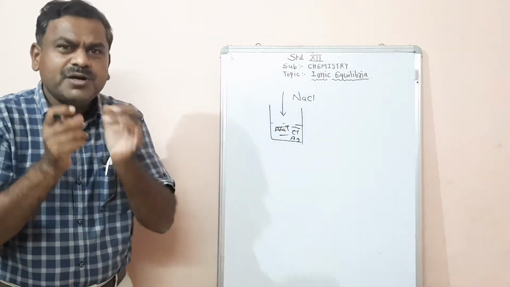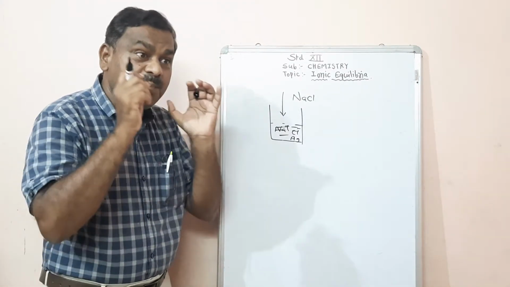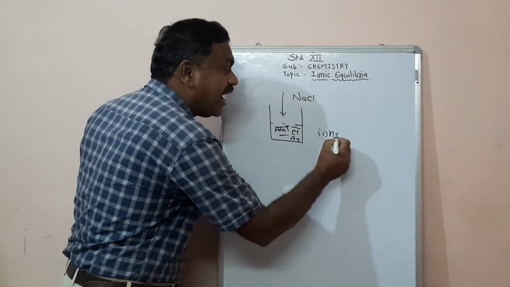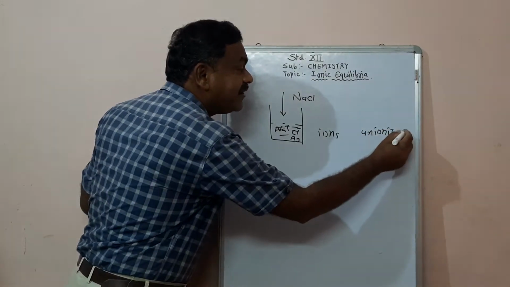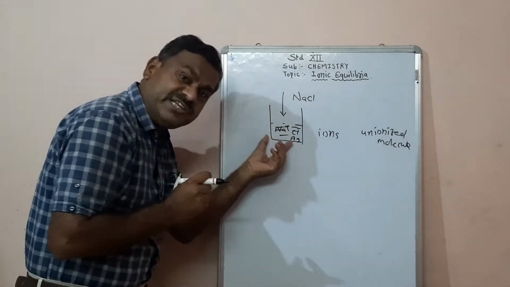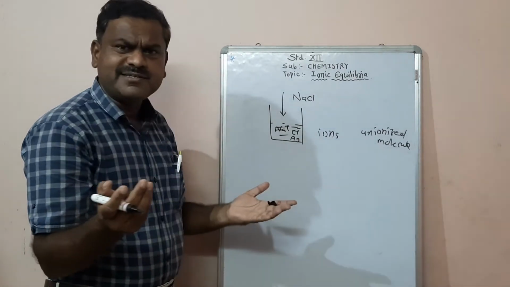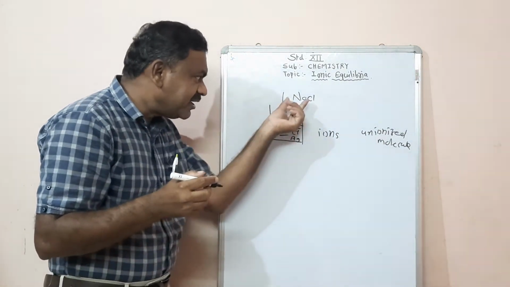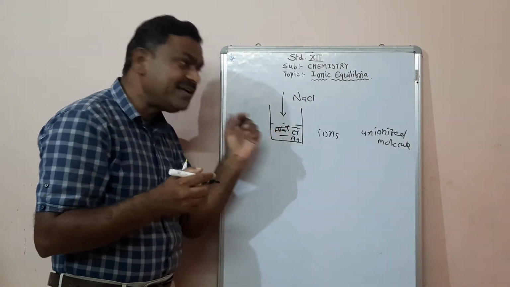Then according to the definition of ionic equilibrium, the equilibrium between the ions and unionized molecules. Now here in this solution, ions mean what? Charged particles, whether negative or positive, and NaCl dissociates to produce the Na plus and Cl minus ions.